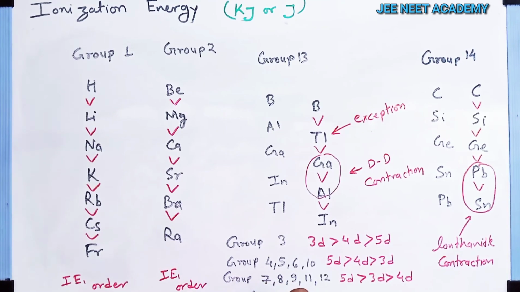Just remembering is difficult, but if you know how it's changing because of half filled, fully filled, lanthanide contraction or d-block contraction, you can do it better. So ionization energy orders, we complete it here.